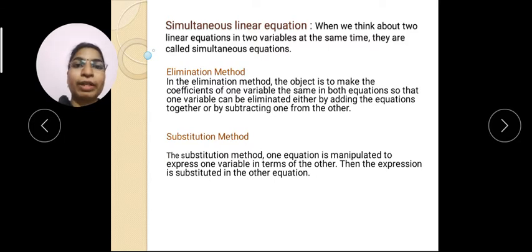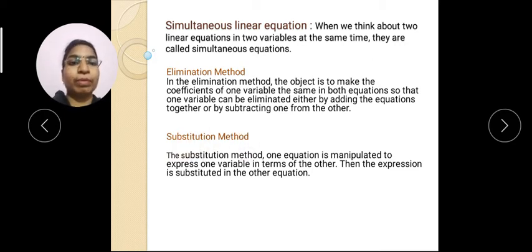Before adding or subtracting, we have to make the coefficients of one variable the same. If they have the same sign then we subtract; if they have different signs then we add. I will explain by example also. Just remember the method. Actually it is a revision only, because we learned this method in the 9th standard.